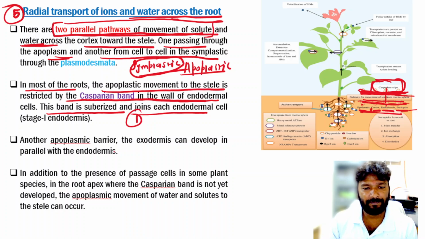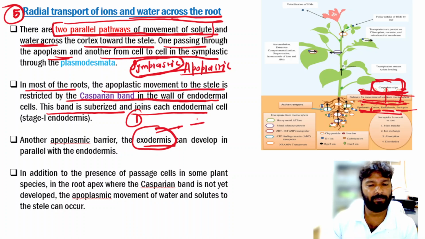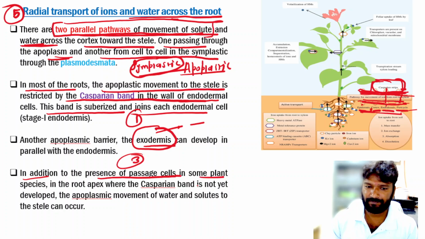The second barrier is the exodermis, which can also develop parallel with the endodermis. Okay, so there is a formation of exodermis which can also block the pathway of the solutes. In addition, there is a third barrier, that is the presence of passage cells in some plants.